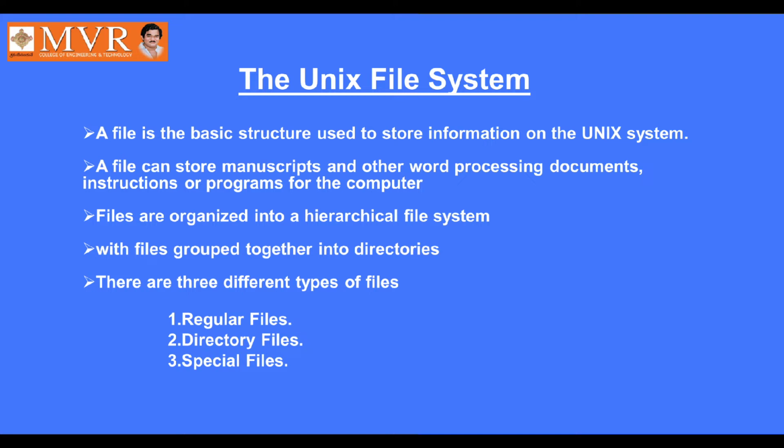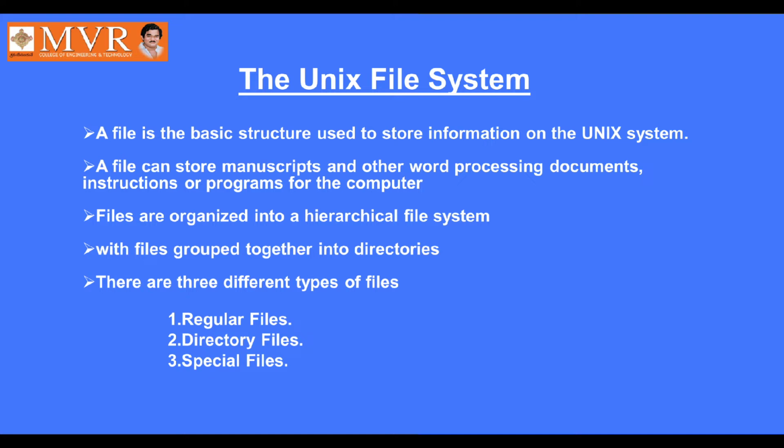The Unix file system provides a logical method for organizing, storing, retrieving and manipulating information. So the Unix file system allows us to organize the data, store the data, retrieve the data or manipulate the data.